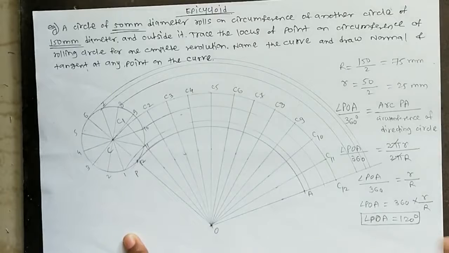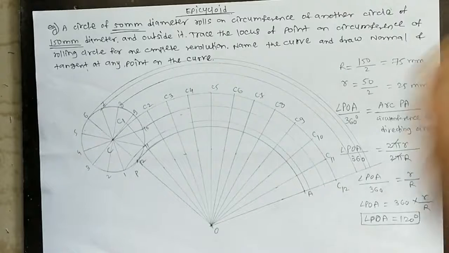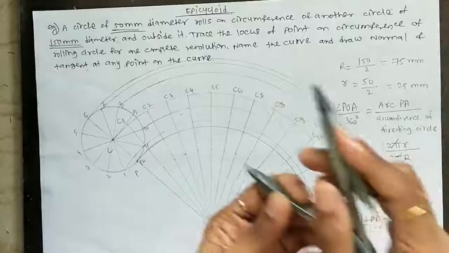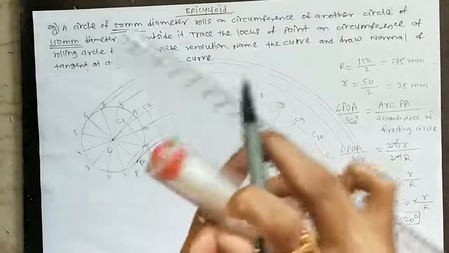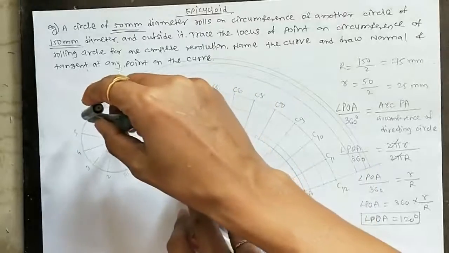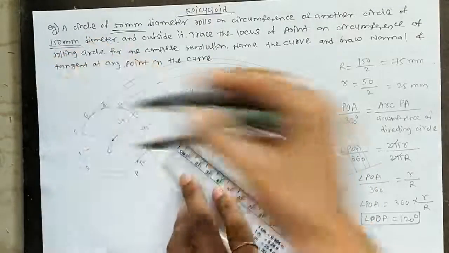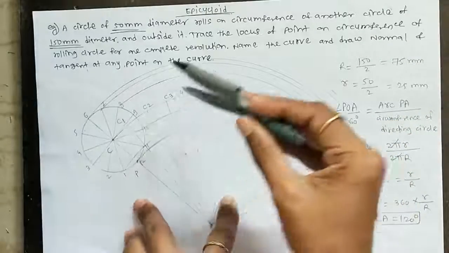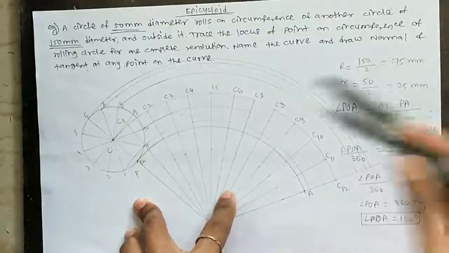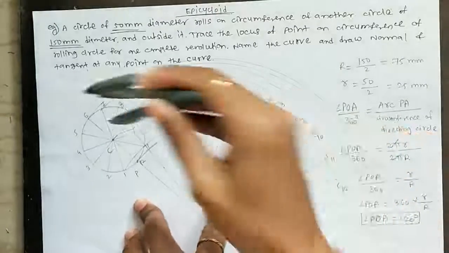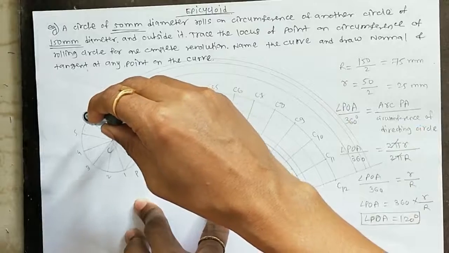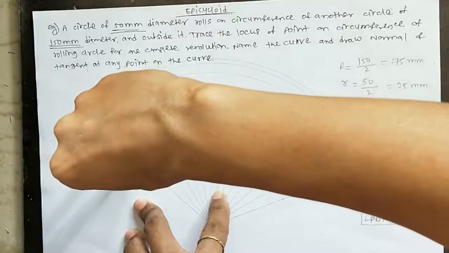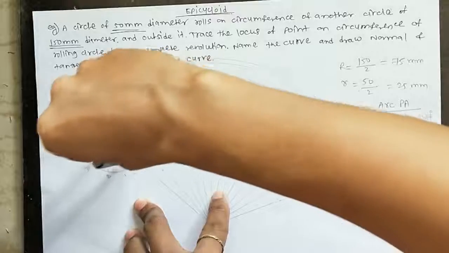Now next task is take distance 25 mm, that is radius of rolling circle, which is this 25 mm, and take centers C1, C2, C3, C4, C5 up to C12 and draw arcs. So by taking center C1, I will draw arc on this curve.